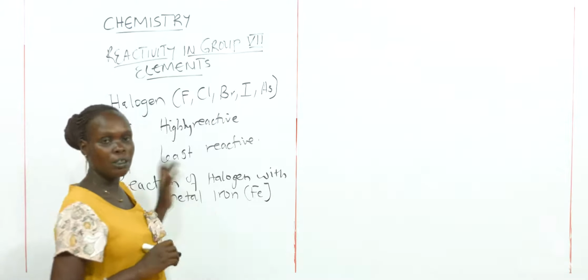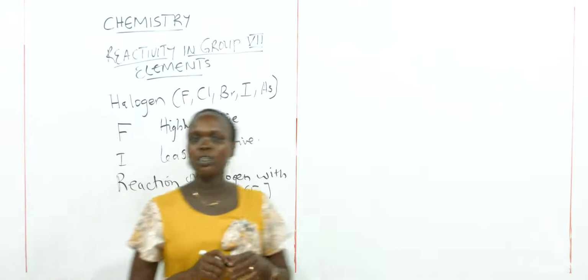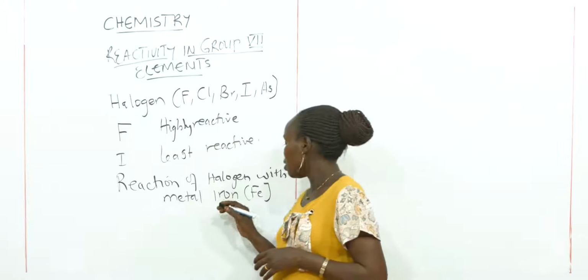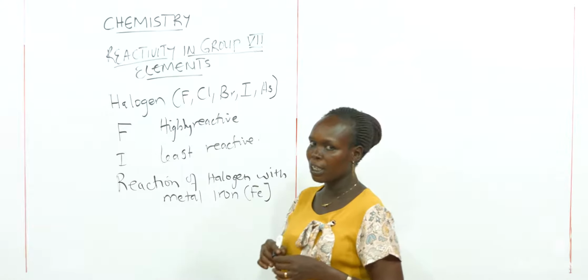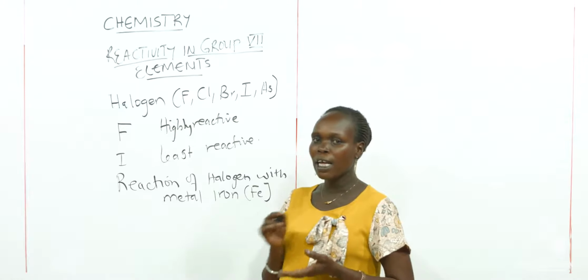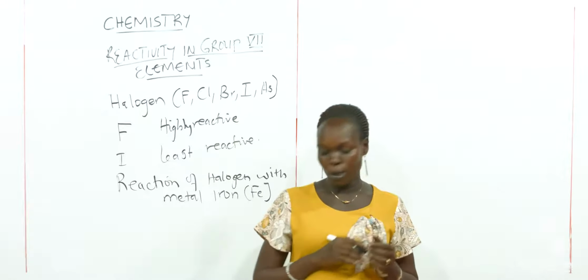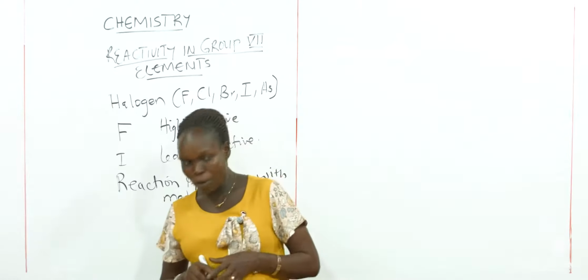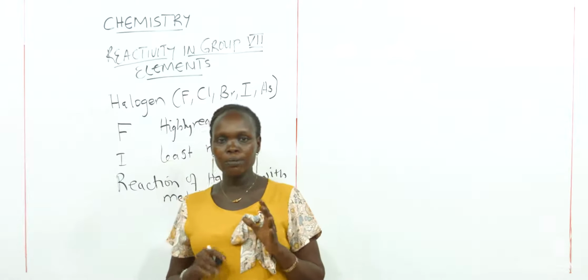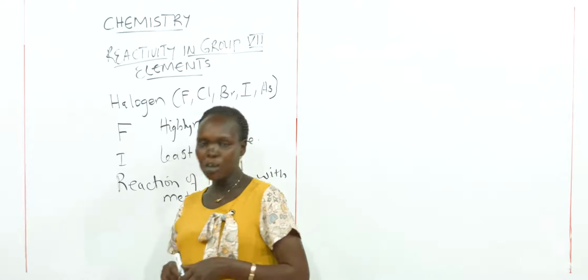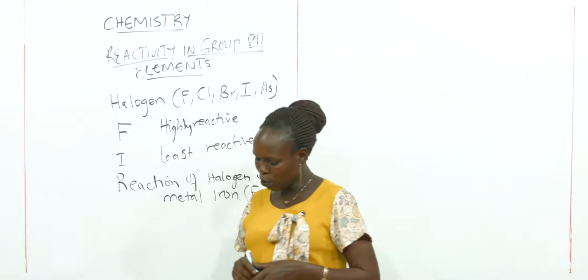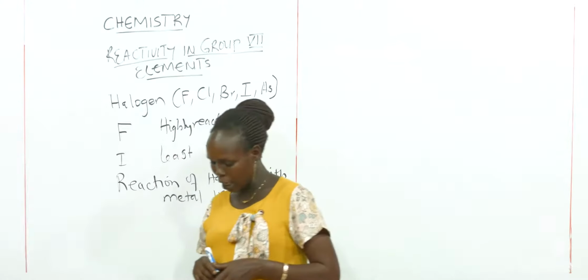When it reacts with one of the halogens, we need to remember that the most highly reactive elements are those above, and the least reactive are those below in group 7.